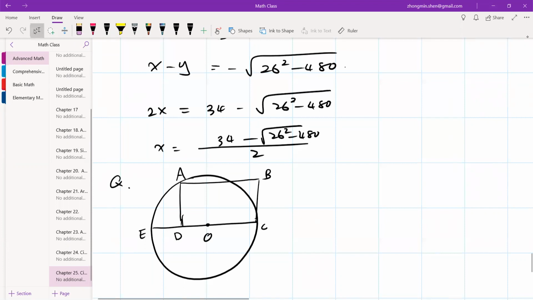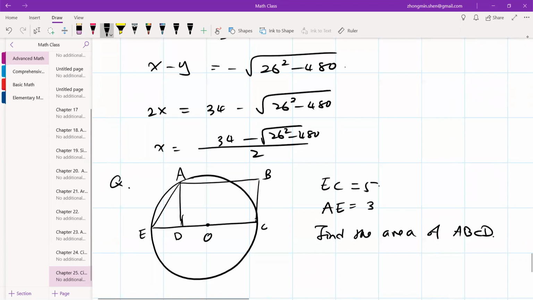I know that EC equals 5, AE equals 3. O is the center of the circle. Find the area of the rectangle. This is a rectangle.